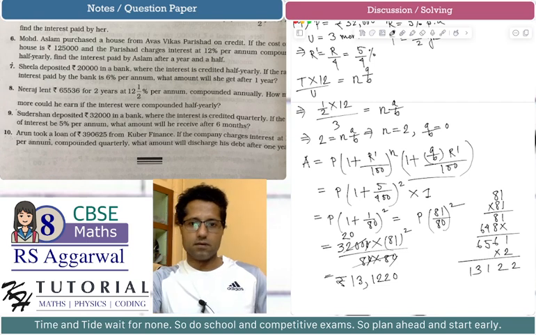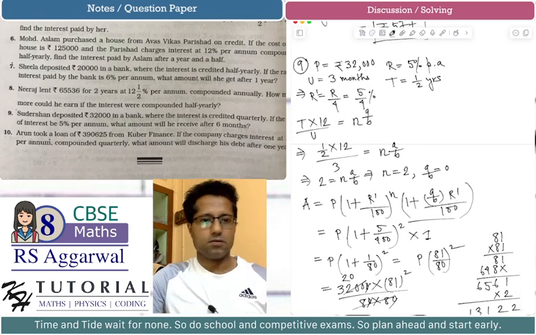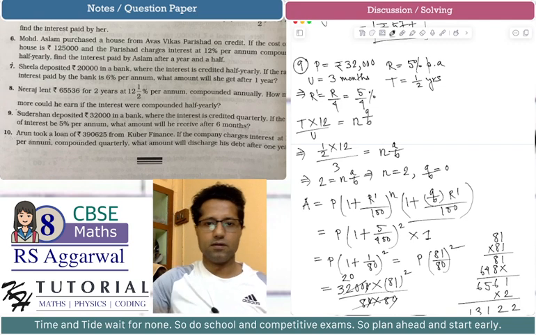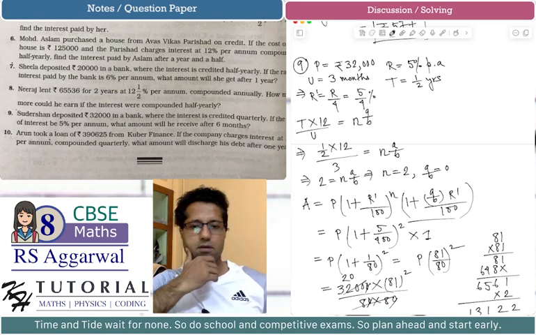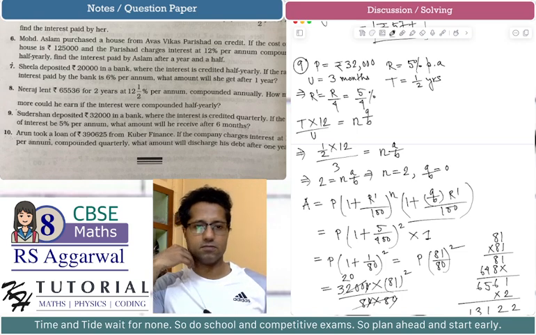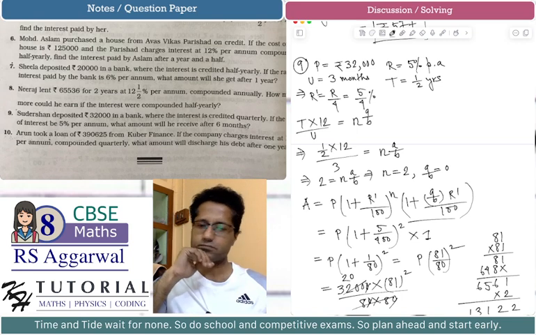This is question number 9. So since the interest is credited quarterly, which means U is equal to 3 months, which means R dash is equal to R by 4, and which is 5 by 4. Okay. So T multiplied by 12 divided by U is equal to N and A by B. T is equal to half year because the duration T is given to be 6 months. So half multiplied by 12 divided by 3 is N and A by B, which means that N is equal to 2.